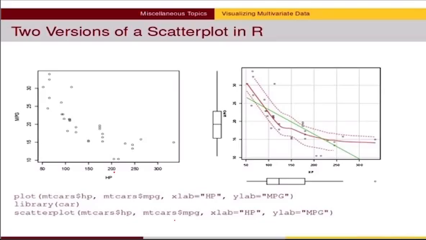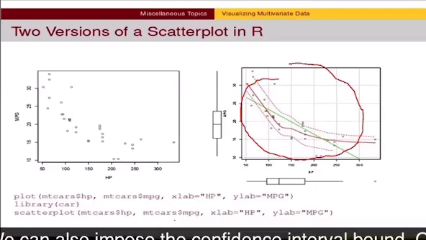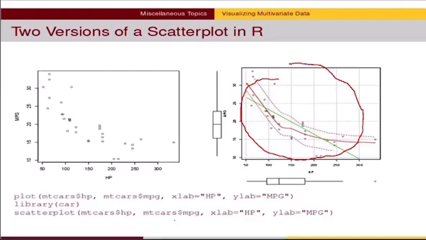I actually want to see whether they are positively related, negatively related, or do not have any relationship at all. At times when we plot the line, we can also impose the confidence interval bounds, where you have the lower bound and the upper bound, and at times we also indicate what we call a localized polynomial, the one in green.